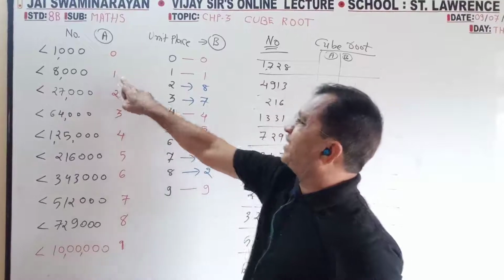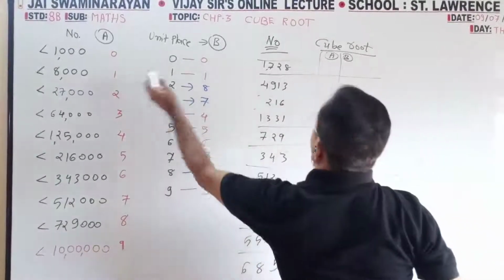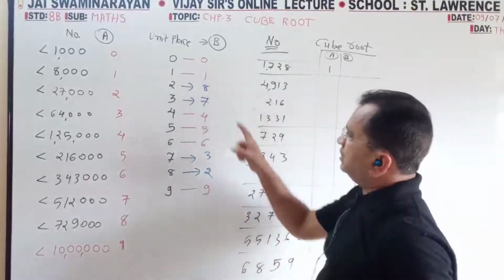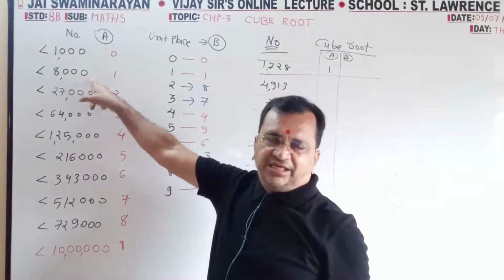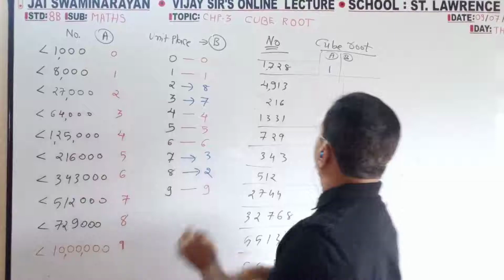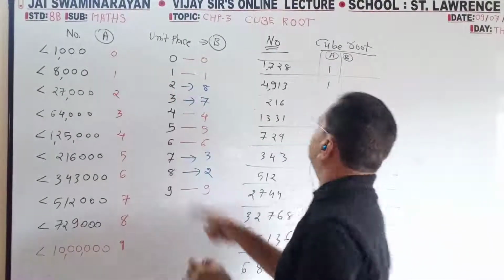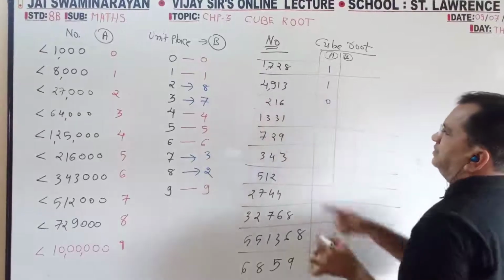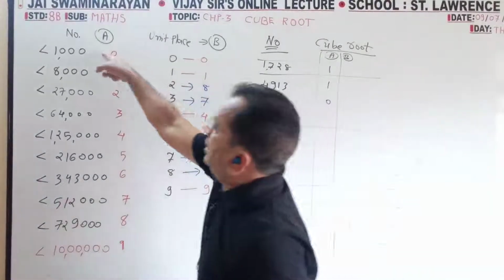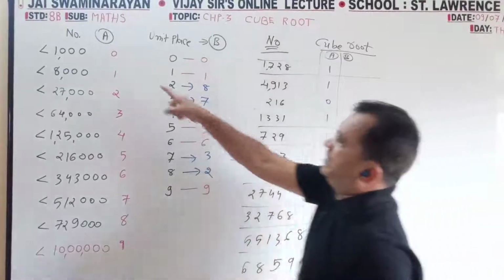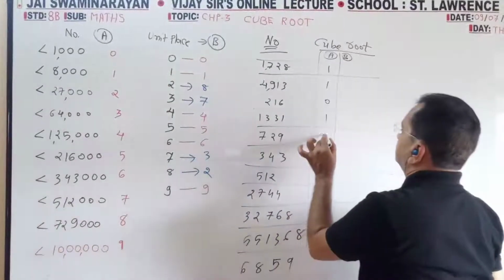It is less than 8000. So this one you will write, 1. Again compare the value. 216 is less than 1000. 1331 is more than 1000, it is in this. 729 less than 1000, so 0.